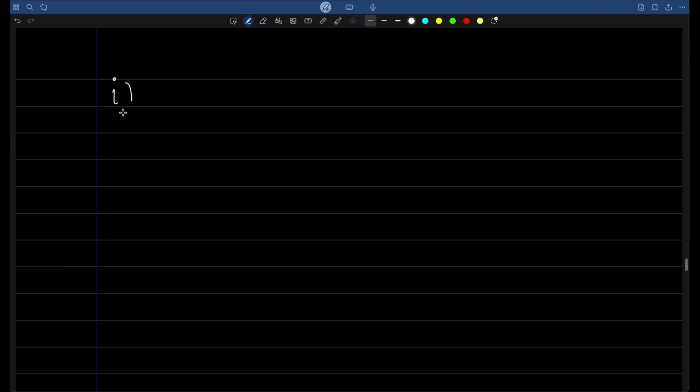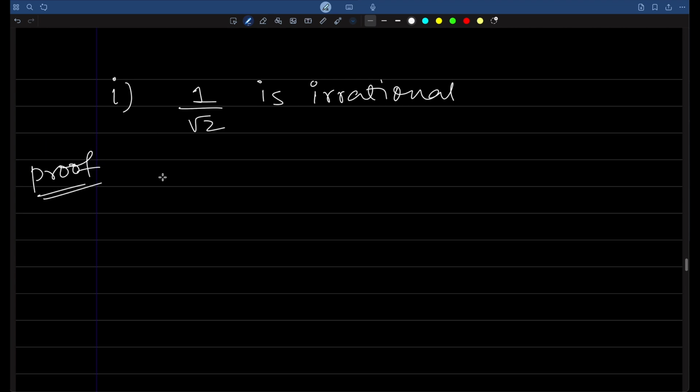That is, first, 1 by root 2 is irrational. Statement is 1 by root 2 is irrational.